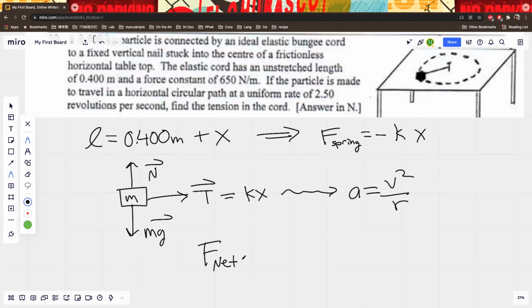In the x direction it would just be tension. By x direction, I think you mean the inward direction, right? Yes. So F net will be equal to kx, which is equal to mass times acceleration, which is equal to mass times v squared over r.